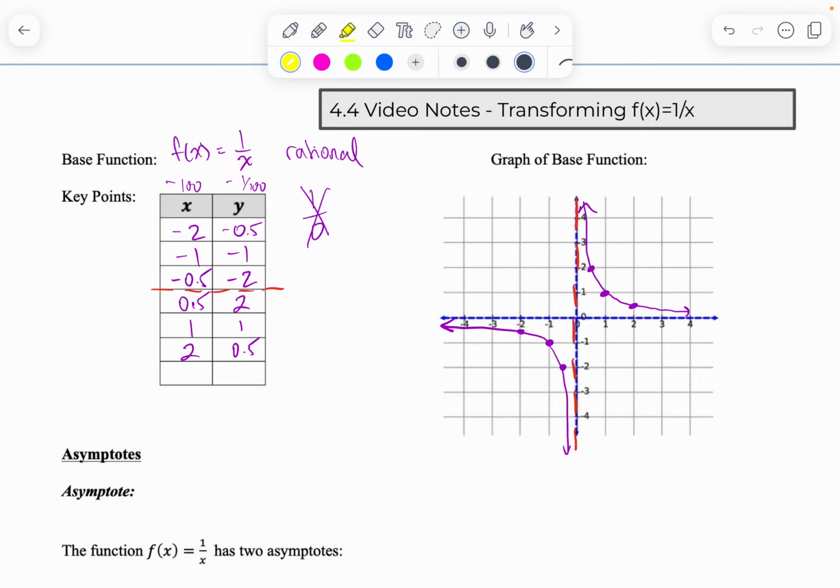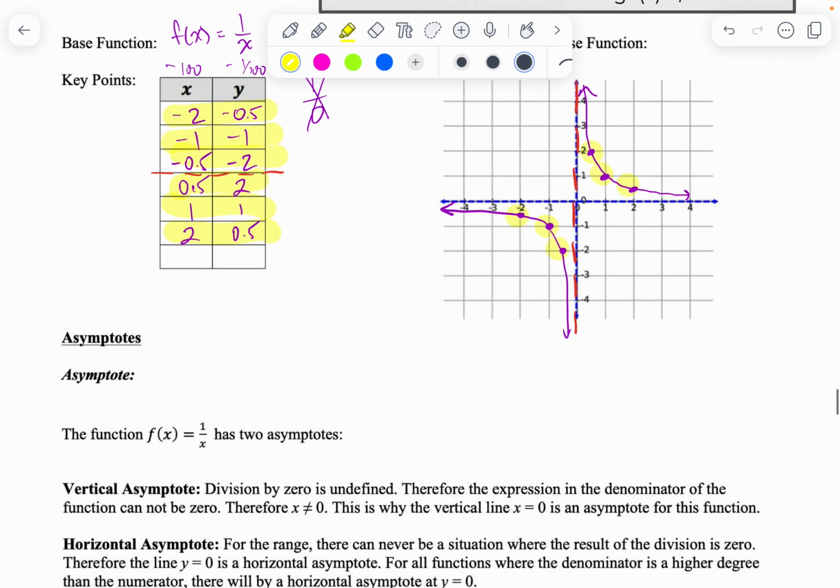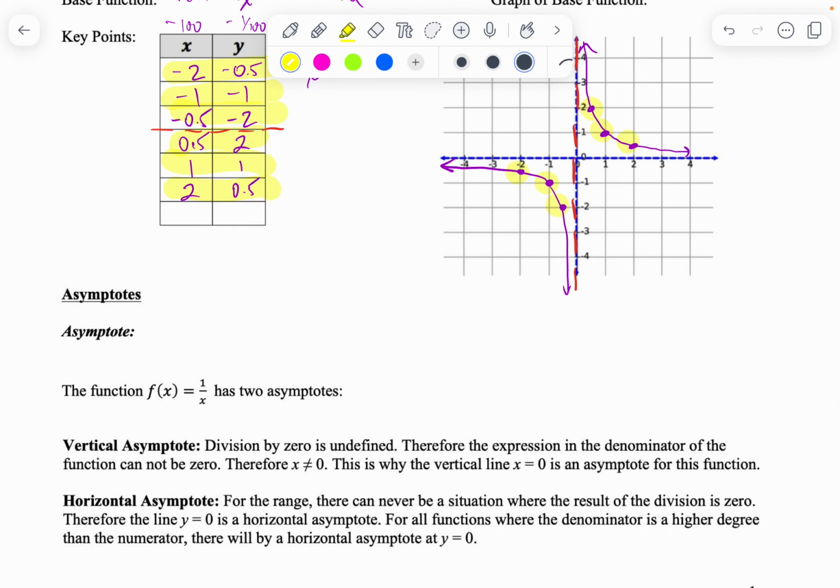So key takeaway is we need to remember these 6 key points. 1, 2, 3, 4, 5, 6. And they look the same in the positive and in the negative. Okay? And there's a reminder, there's 2 what we call asymptotes. So our vertical asymptote is this one, that x is 0, right?